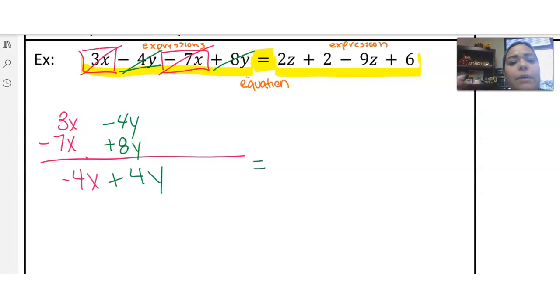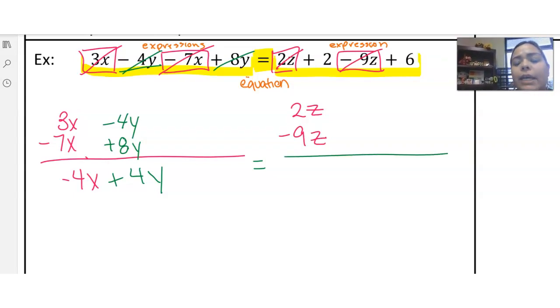Now let's look at the right side. We're going to do the same thing and simplify that expression. We first start with 2z, and we can combine 2z with negative 9z. There's no other z's, so let's look at the next term.